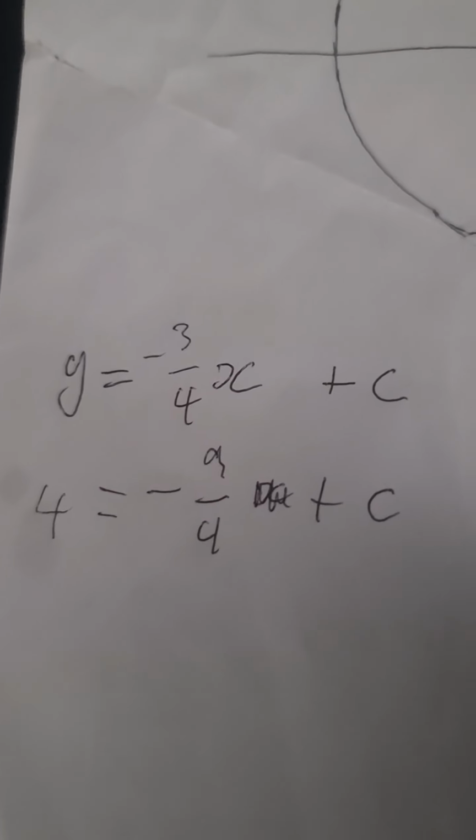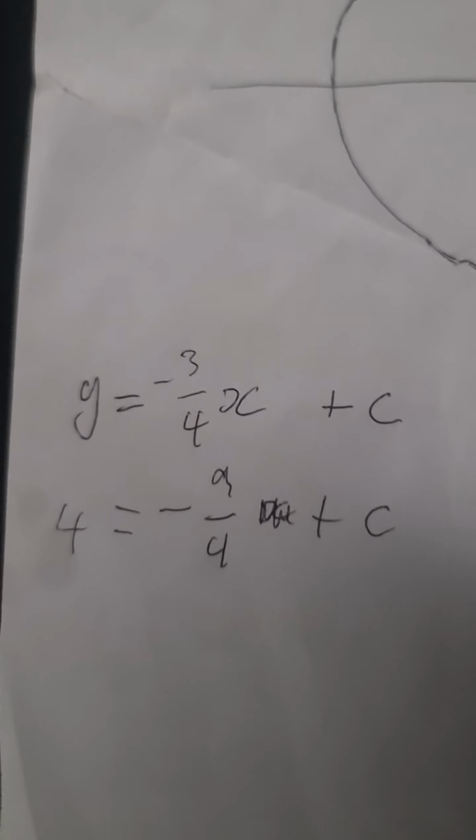We have our point here, so we can substitute in 3 for x and 4 for y, meaning you get 4 equals -9/4 plus c.